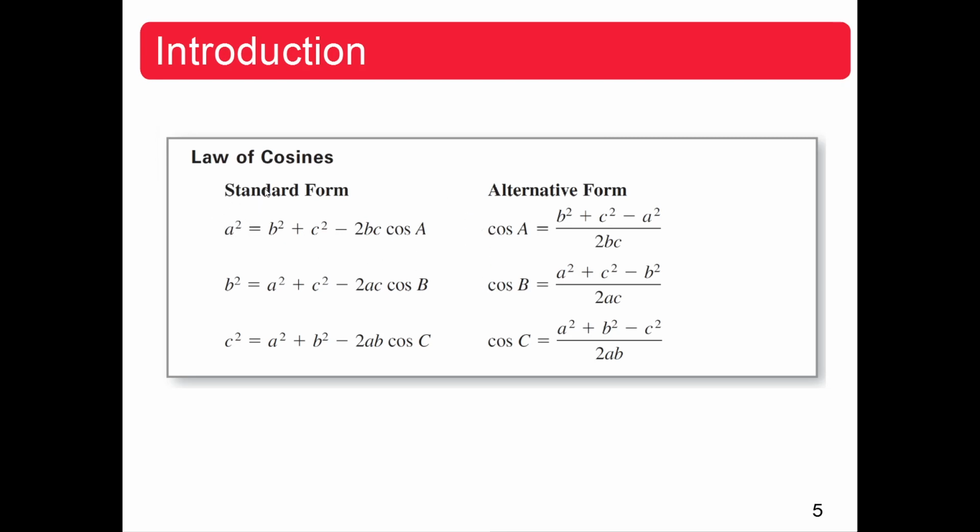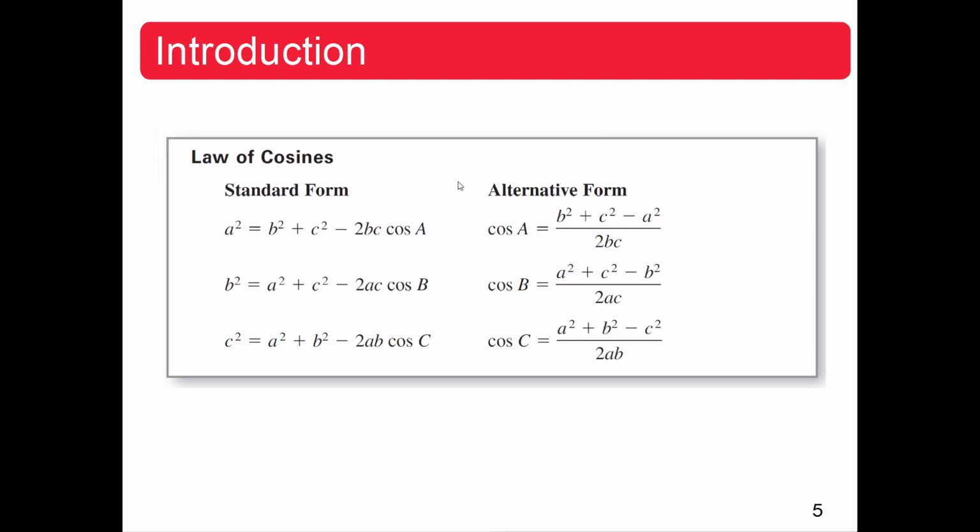So a squared is b squared plus c squared minus 2bc times cosine a. B squared is a squared plus c squared minus 2ac times the cosine of b. C squared is a squared plus b squared minus 2ab times the cosine of c. Always the same pattern. The sum of the squares of the other two sides minus 2 times their product times the cosine of the known angle.